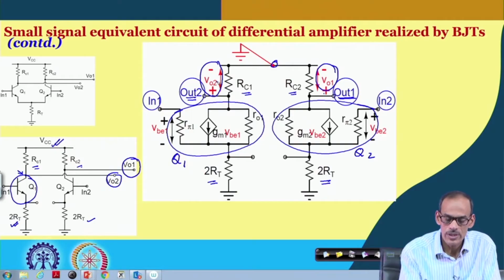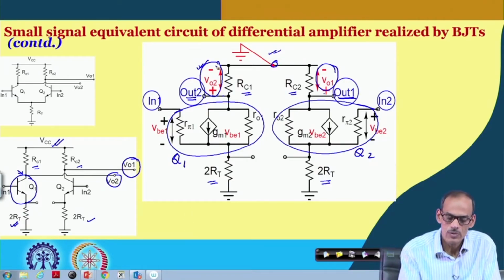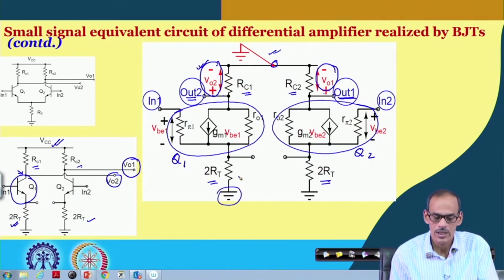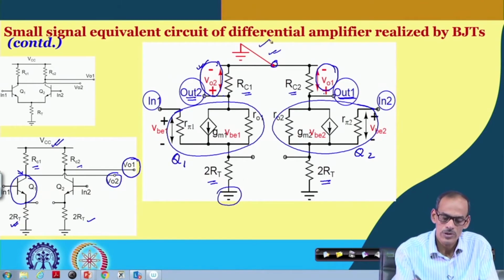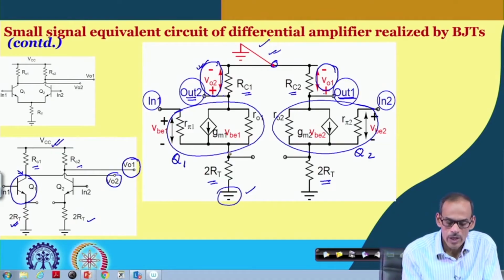So, the voltage here we are considering with respect to this AC ground itself. In fact, we may consider it with respect to the common ground, but anyway for small signal analysis both this node and this node are equal. So, they are essentially the same, and then we have GM into VB of transistor 1, and the VB is the voltage across this R pi 1.